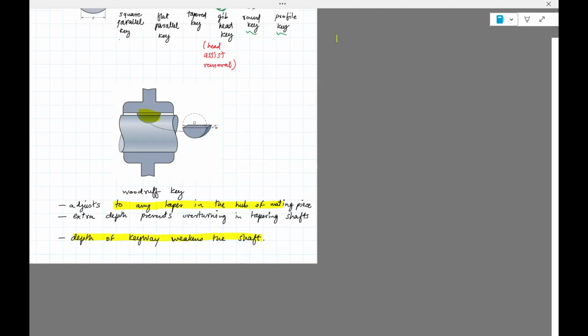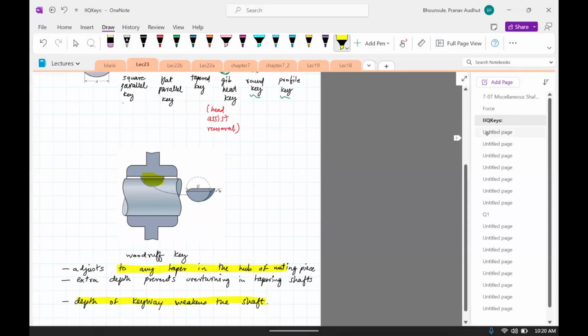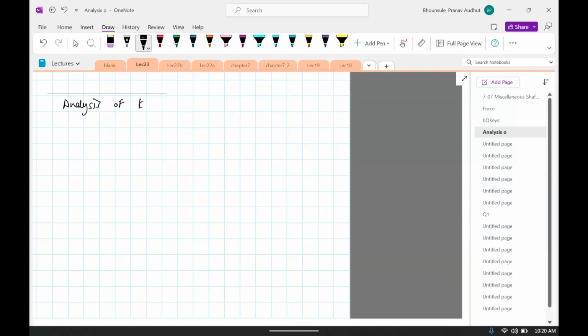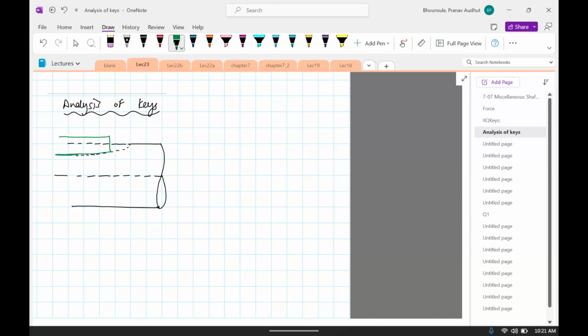Okay, so now we'll look at analysis of a key and solve a problem. That's what we're getting to. So this is how it sits. Let's assume that there is a shaft, cutting here, and then the key is right here.